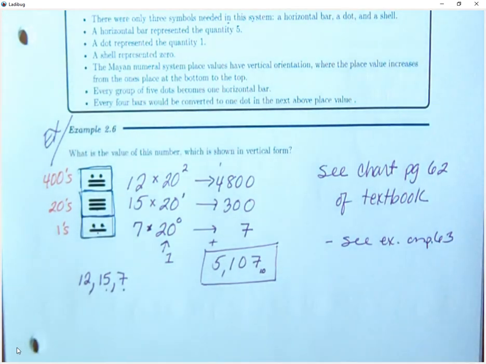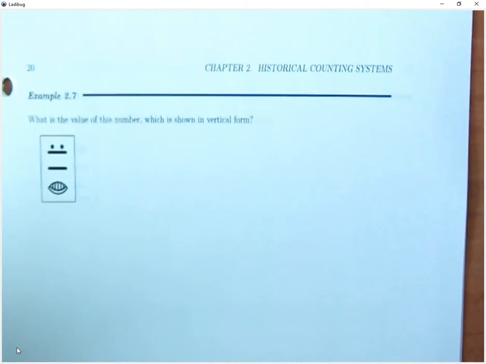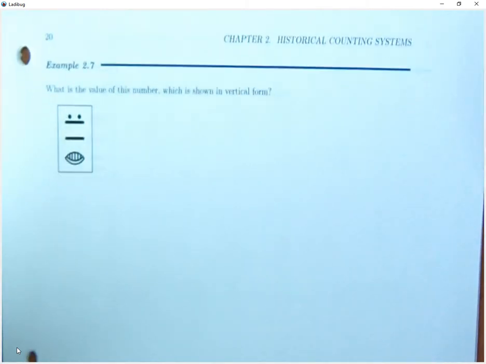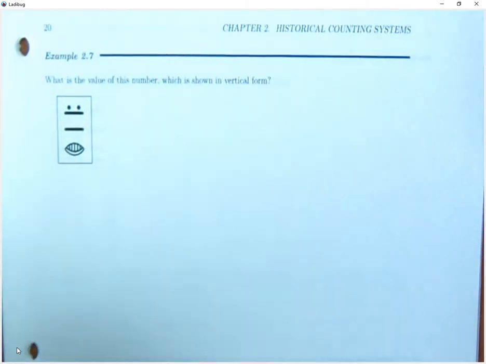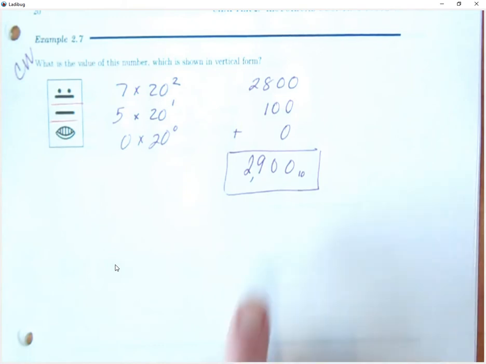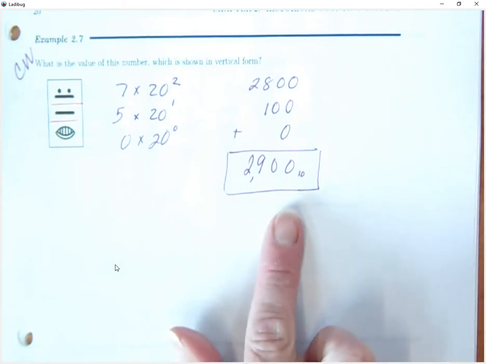So now the next couple of problems, I'm going to have you stop the video and go ahead and try them, and then I'll put the answer out here, and you can see the solutions when you turn it in. Okay, here's the answer: 2,900 in base 10.